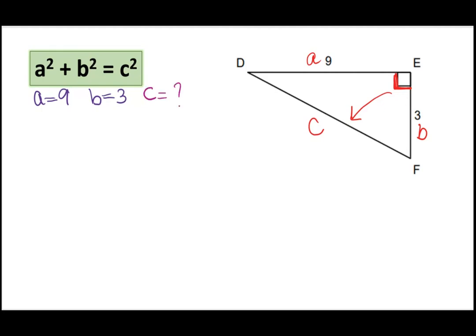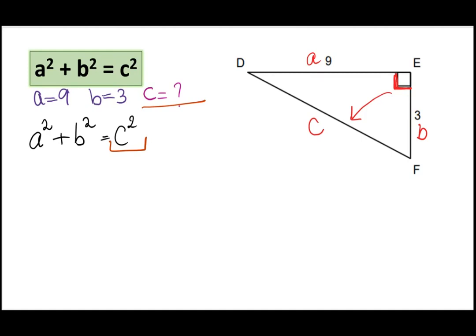Okay, so let's write down the formula. That is a squared plus b squared equals c squared. At this point, we usually manipulate our formula if the variable that we're looking for is not already isolated. But we're looking for c, and c is already isolated, so we don't need to do any manipulation.